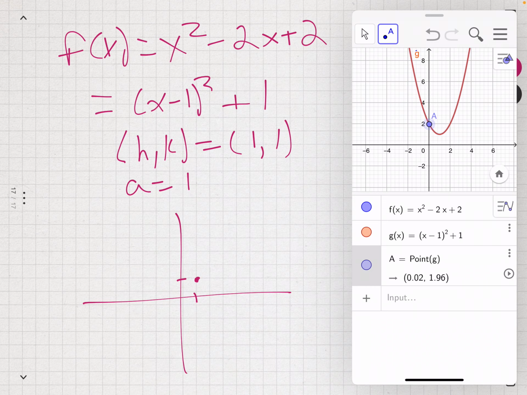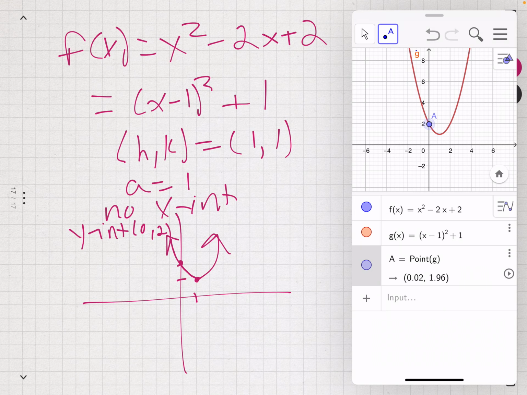A was 1, meant it opened up, and then we found no x-intercept. That means it won't ever touch the x-axis. And we saw that the y-intercept was 0, 2. So that means my parabola specifically looks like that. And so this is just to give you a second way.